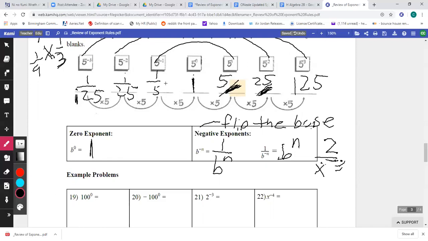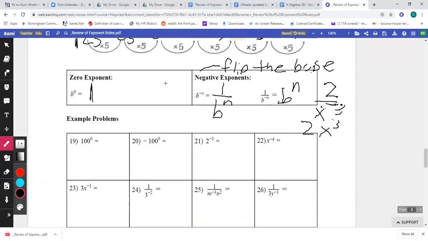You only flip whatever's negative. Don't think that this is going to become x to the negative 3 over 2. This just becomes 2x to the positive 3. Okay. You don't flip the entire thing. You just flip whatever's negative. So if the negative is on the bottom, it goes to the top. But don't flip anything that does not have a negative.